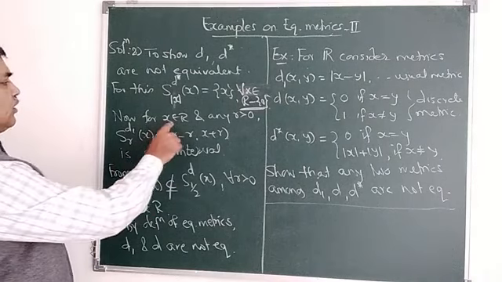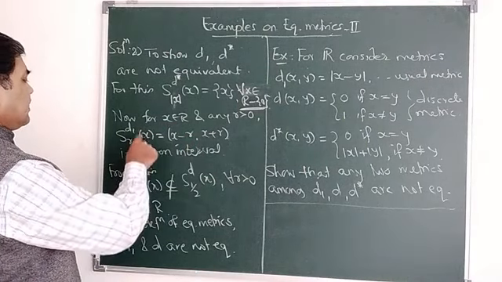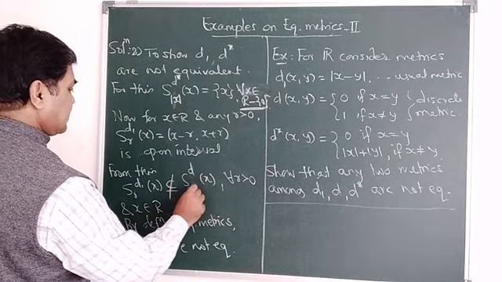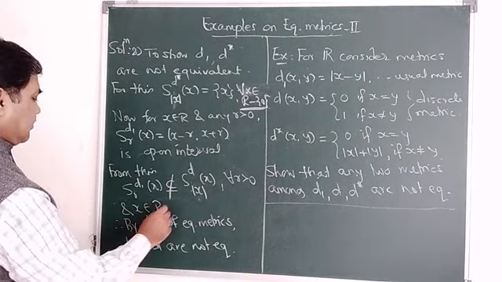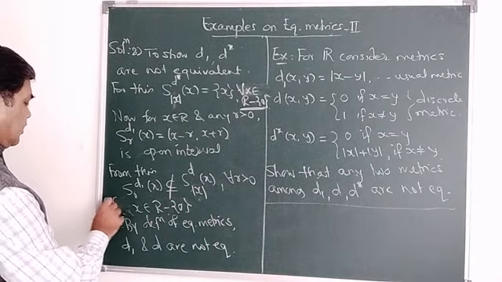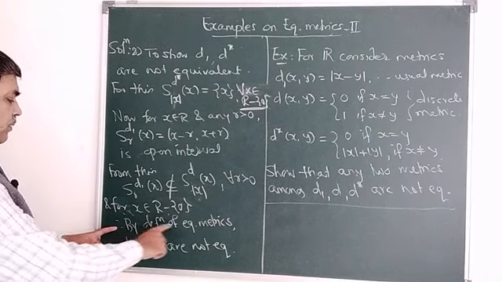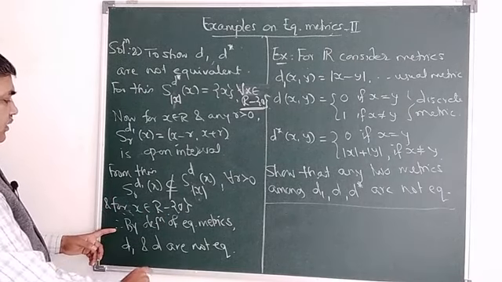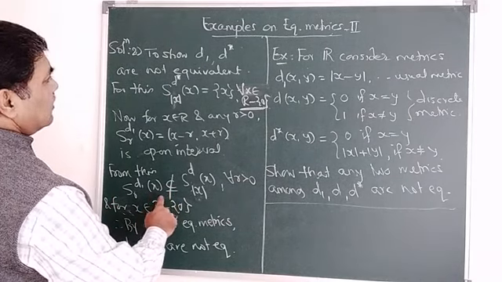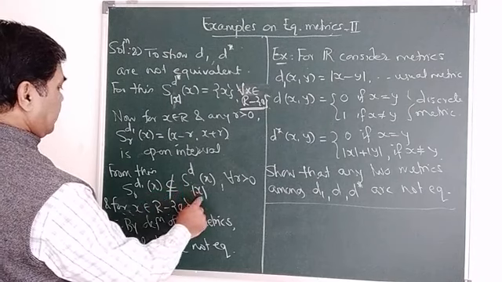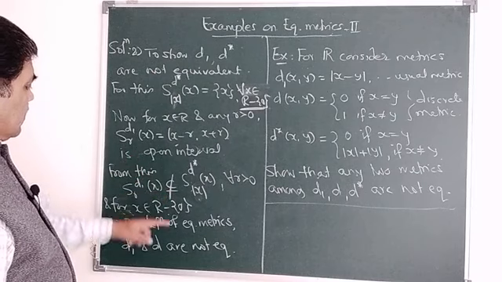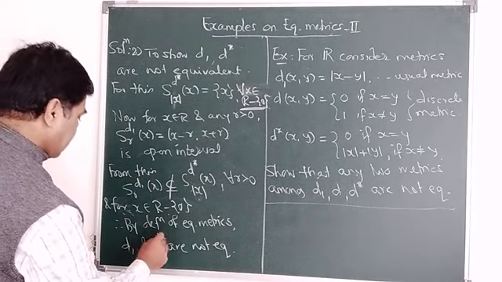So for x belonging to R and any r greater than 0, S r d1 is again this. Therefore, by the definition of equivalent matrices, d1 and d star are not equivalent. Is it clear? So these are not equivalent matrices.